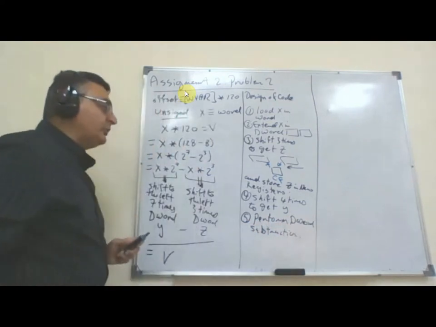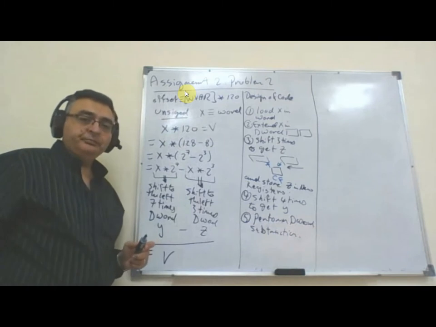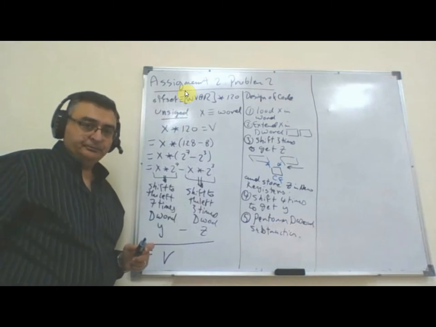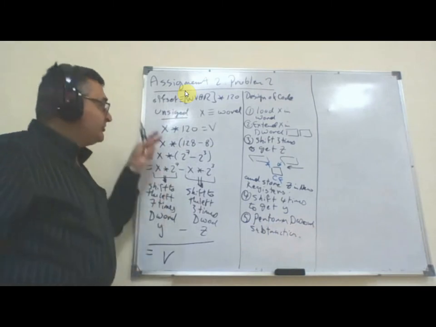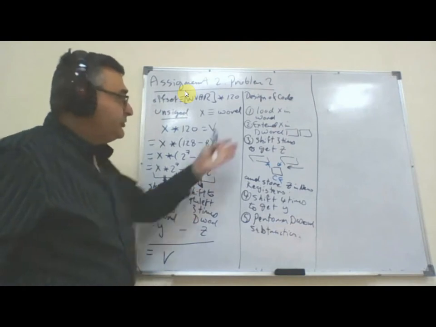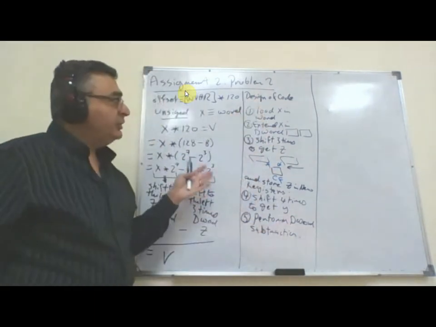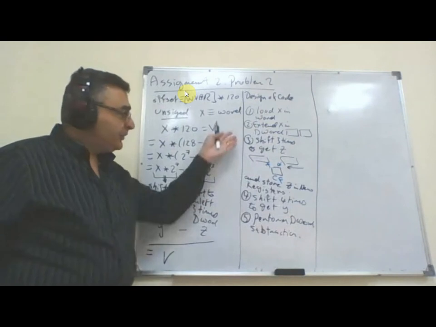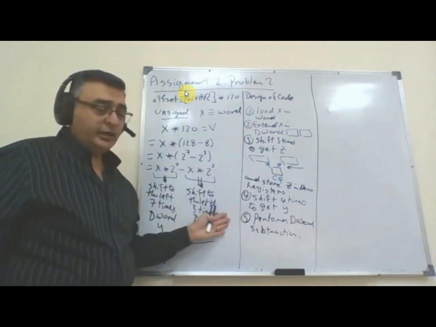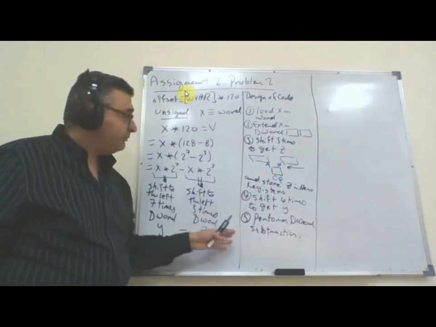How can we do a double word subtraction? We will see in the implementation. Great. So this is mathematically what we want to do. This is the flow of my code. Now it's time for me to pick some registers to perform those operations. And finally, I will get my answer.